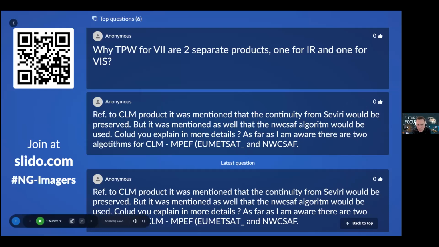We use the same channels as for the nowcasting CEPH algorithm for SEVIRI, but it's true it's not continuity in the sense that we are changing the algorithm. The algorithm itself will indeed change from the MPEF cloud mask to the FCI cloud mask, but it's continuity in terms of what information we use. So we do not include new channels like 1.3 micron that will be included later on, just to ensure continuity.